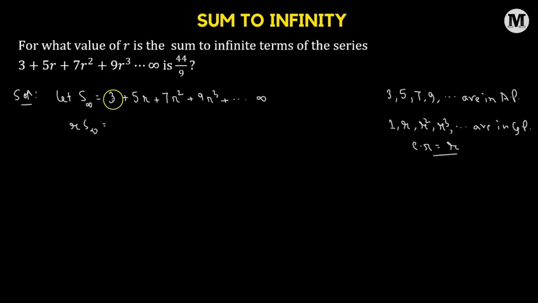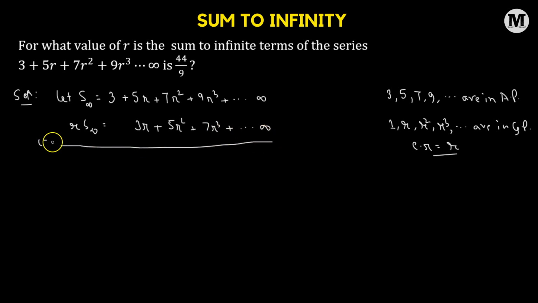Now R times the first term 3 gives us 3R, but we're going to write it below 5R. Next we consider 5R, the second term, multiplying with R gives us 5R squared, and we place it below 7R squared. Then we come to the third term, 7R squared, multiplying with R gives us 7R cubed. And then we have the rest of the terms. Now here we are going to perform the subtraction.